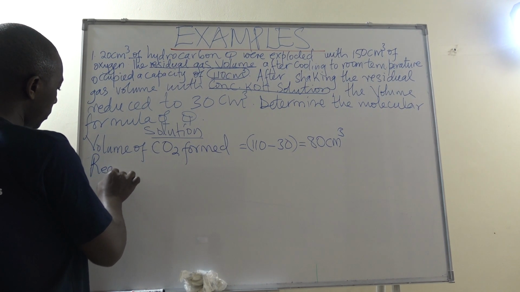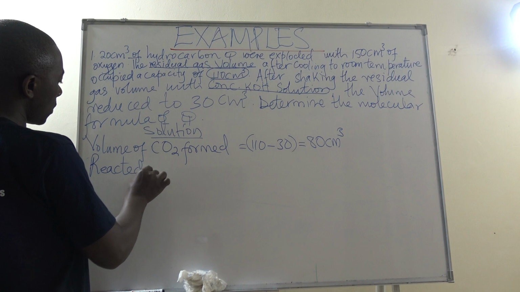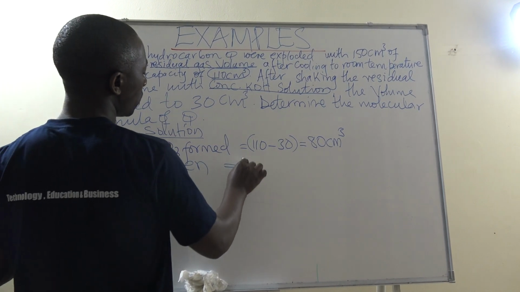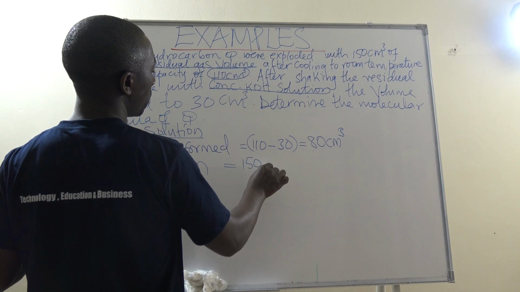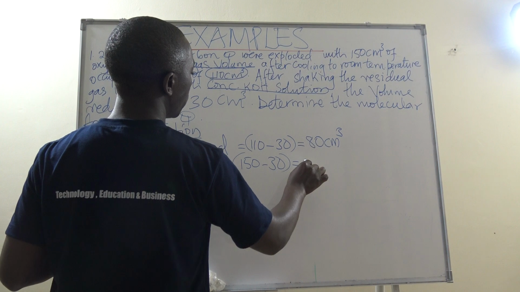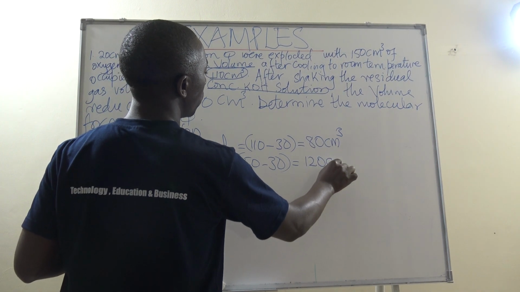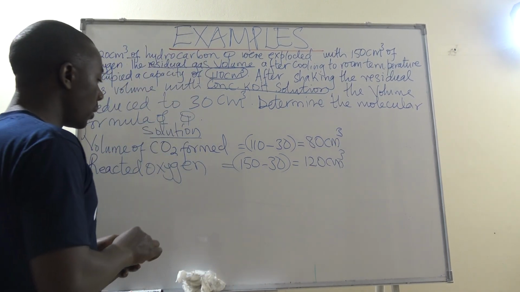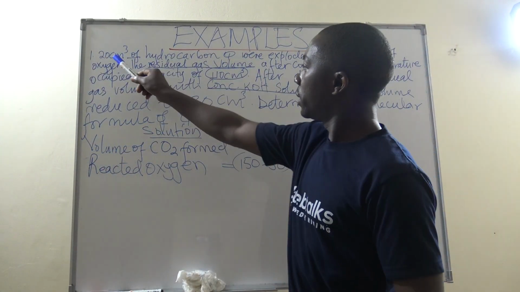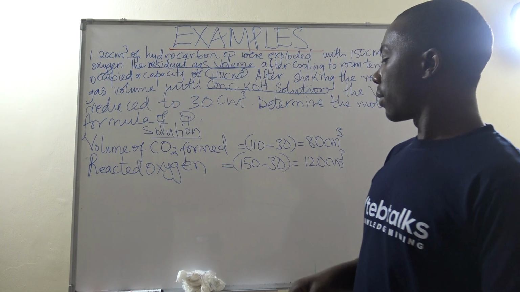Reacted oxygen is equal to the total volume of oxygen minus the volume of unreacted oxygen, and that gives us 120 cubic centimeters. We need those two values so much. Remember, this 20 is the volume of the hydrocarbon.